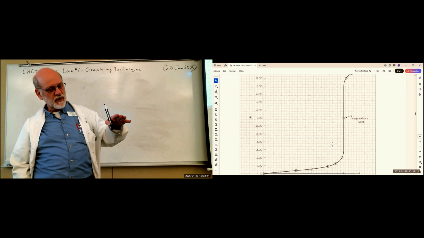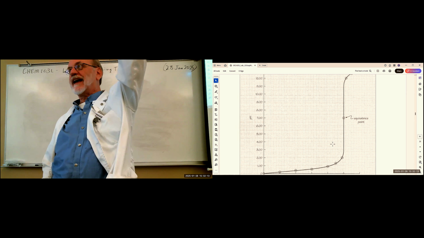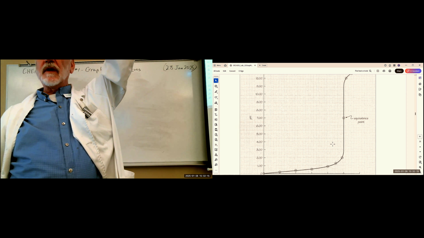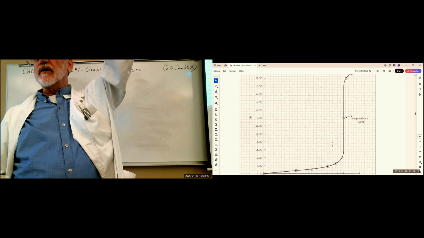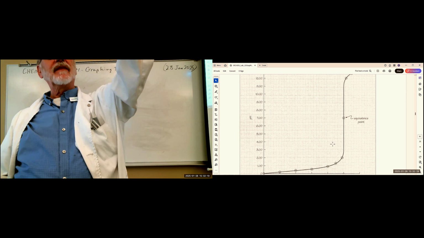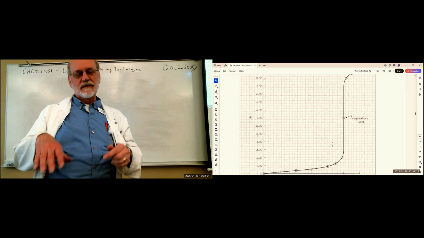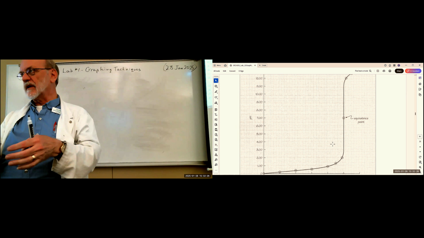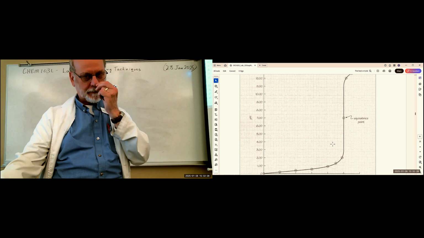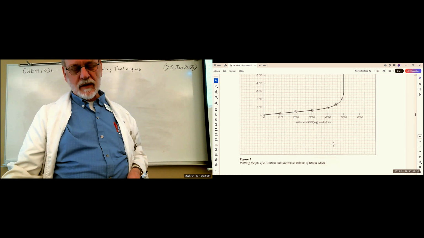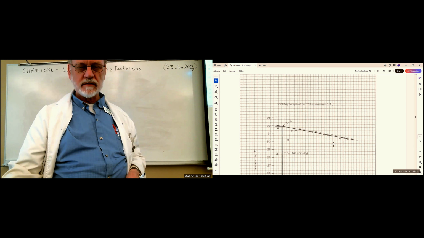Over time, they increase in population. Then all of a sudden they go like that. They get so numerous that they exhaust their food supply, and then they level off. So this is a chemistry titration curve. The other sigmoid I was describing is a growth curve. You can read about that if you want.